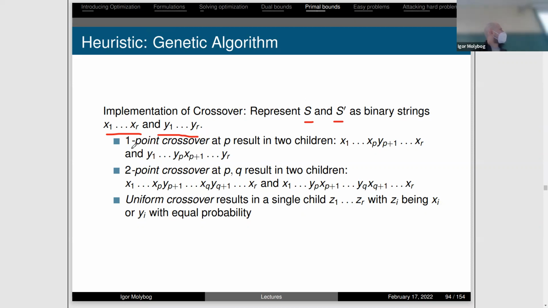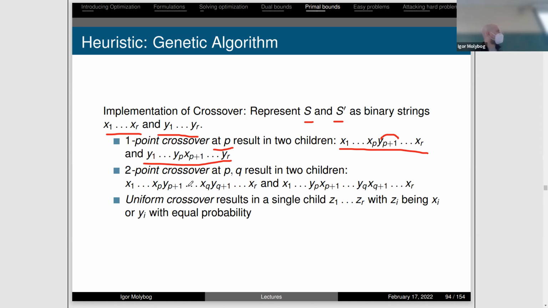And the 1-point crossover at a particular position P results in two children. One is the string X with the position P plus 1 being swapped with the string Y, and the string Y with the position P plus 1 being swapped with the string X. Similarly, you can define 2-point crossover.